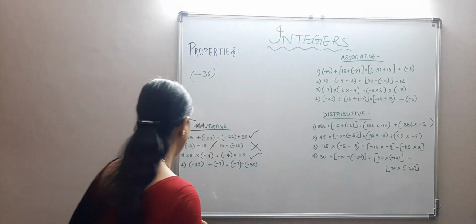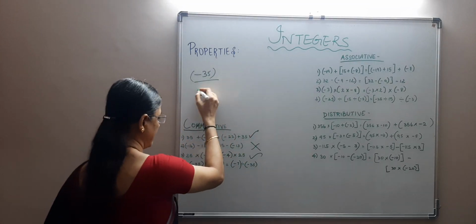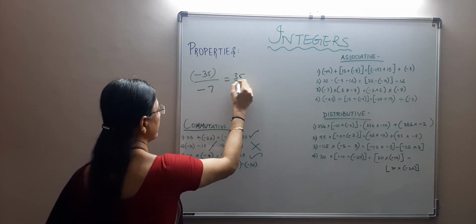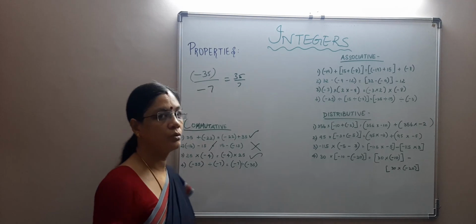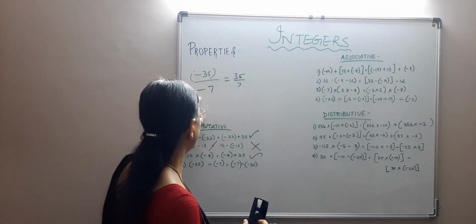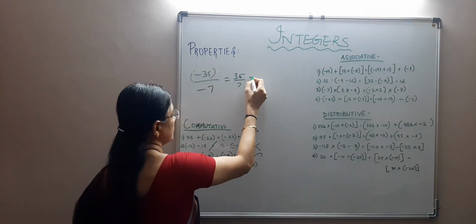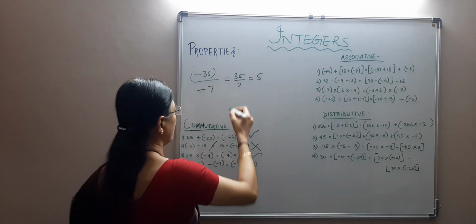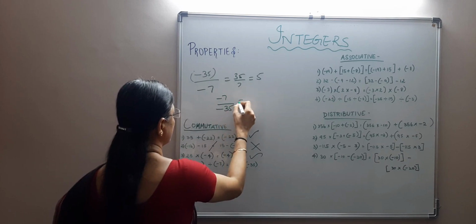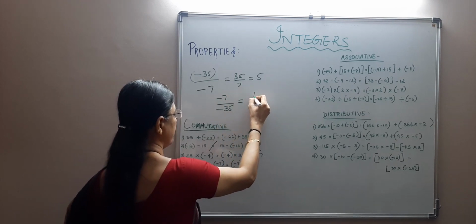Okay, so minus 35 divided by minus 7. So this will be 35 by 7. As I told you, division also follows the same rule as that of multiplication. So minus and minus becomes plus. So this is 5. Now when I change the places, what do I get? The common divisor is 7.